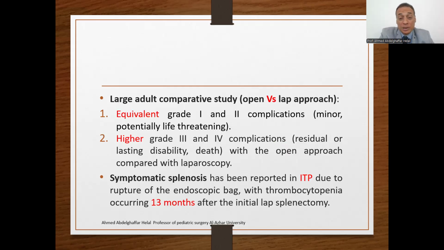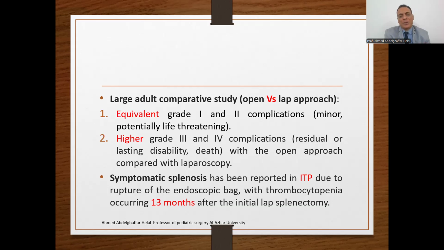The large adult comparative study comparing open versus laparoscopic approach found an equivalent rate of what's called grade 1 and 2 complications. They define grade 1 and 2 as minor, potentially life-threatening complications. And there is a higher grade 3 and 4.